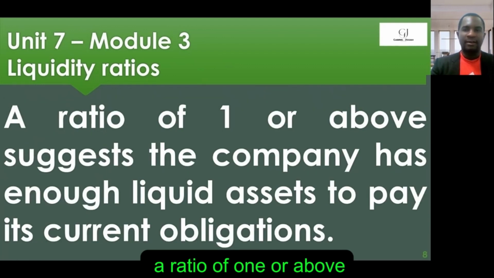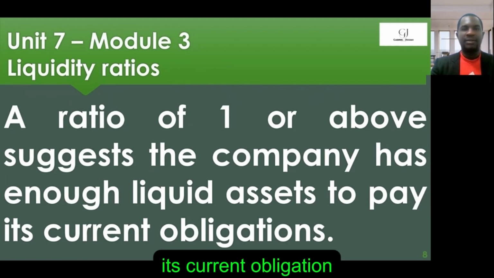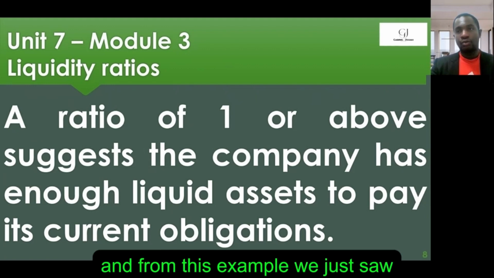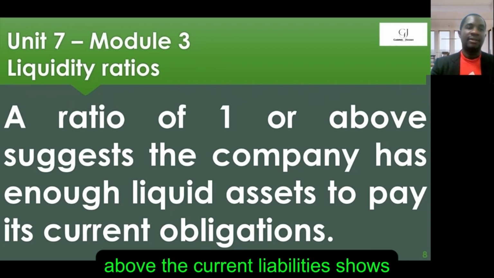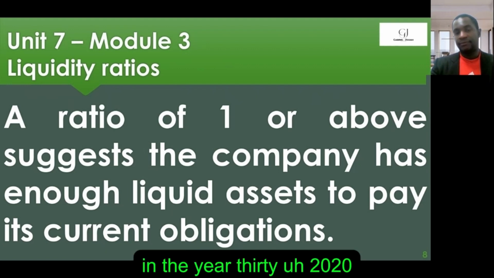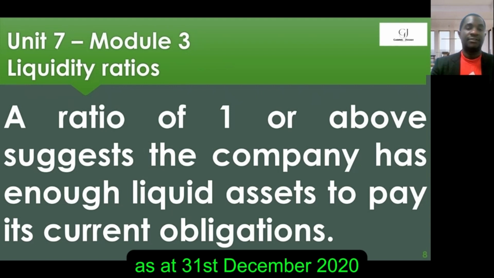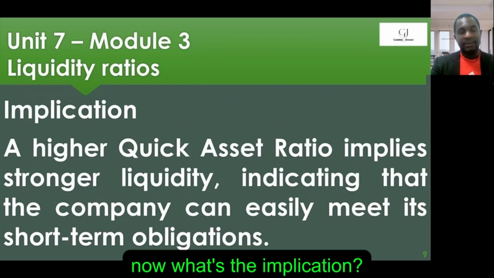Now, a ratio of 1 or above suggests the company has enough liquid assets to pay its current obligations. And from this example we just saw, you could see that it is 1.25 times above the current liabilities. It shows Sharabutu in the year 2020, as at 31st December 2020, is doing well. Now, what's the implication?